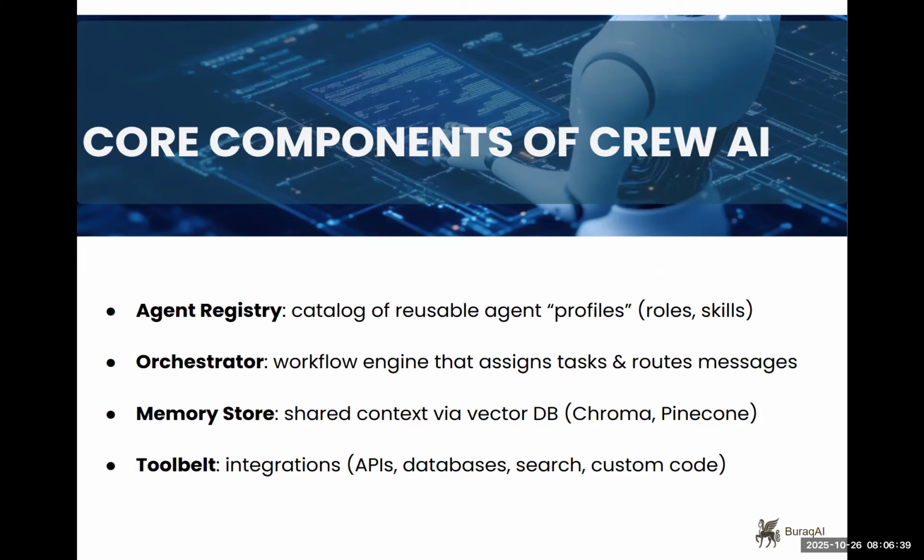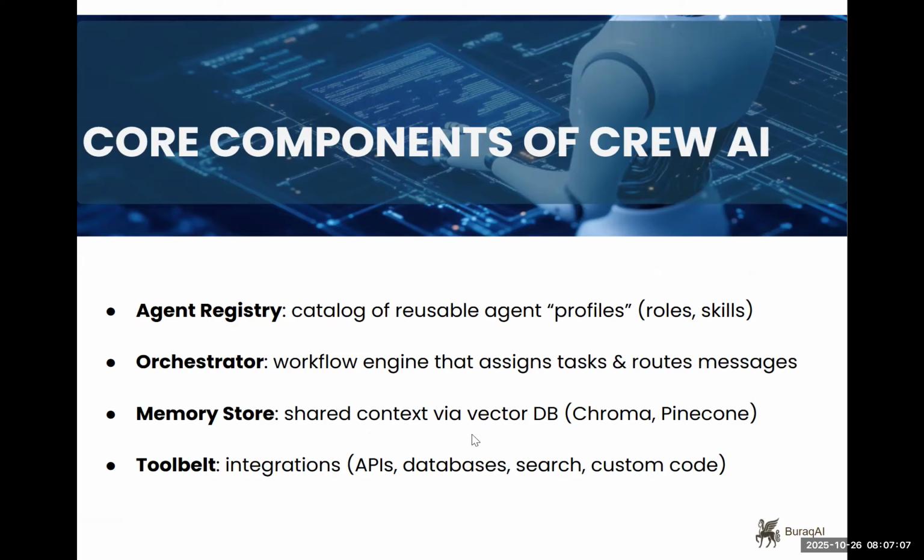It has an agent registry. This is all internally how it works, we don't need to worry about that. It's a catalog of reusable agent profiles with roles and skills, an orchestrator, and a workflow engine that assigns tasks and routes messages. This is all part of the CrewAI internal platform. When you run a CrewAI agent or crew, all of these are the underlying components it uses.